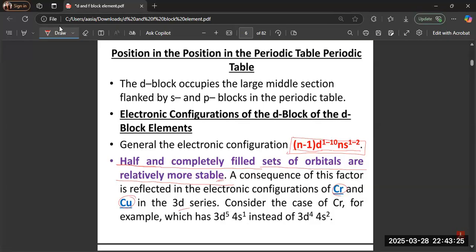For example, consider chromium. Chromium should have 3d4 4s2 electronic configuration, but instead of this, chromium shows 3d5 4s1. So this is the exception case.